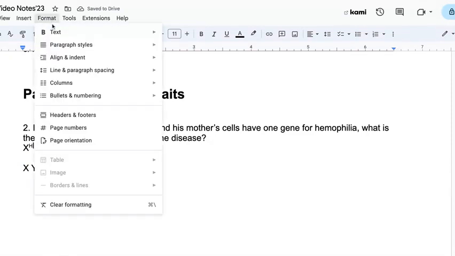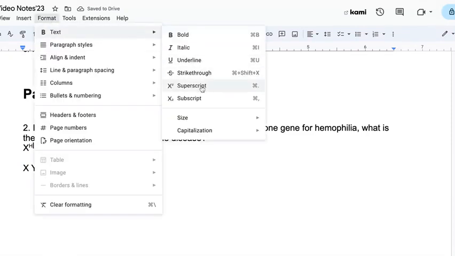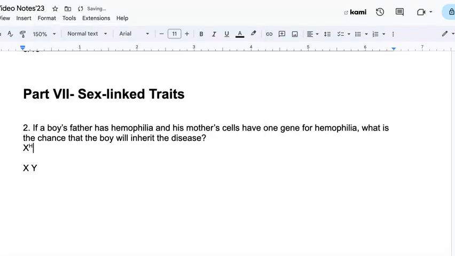X big H is the allele of the normally functioning gene that doesn't cause hemophilia. It means that you're able to produce the clotting factors. Whereas X little h is the hemophilia gene.